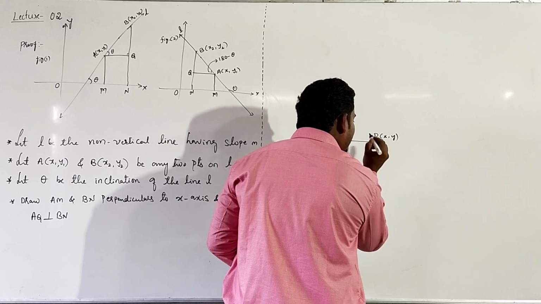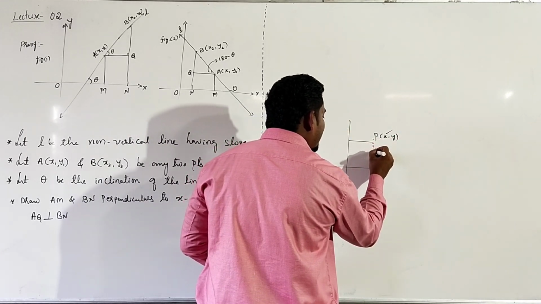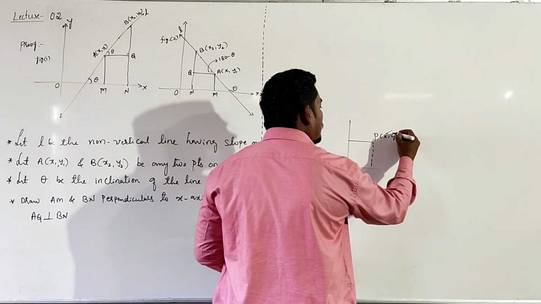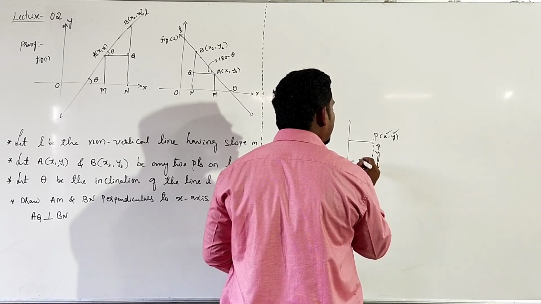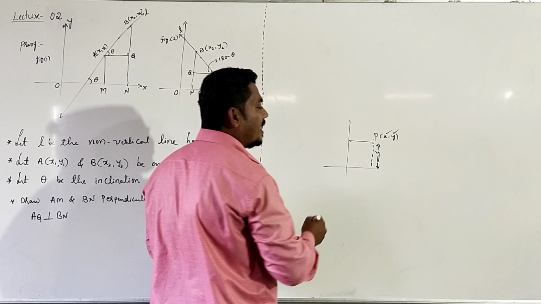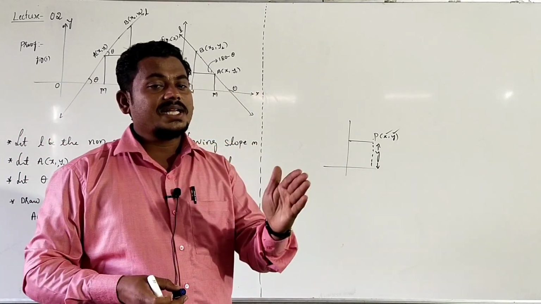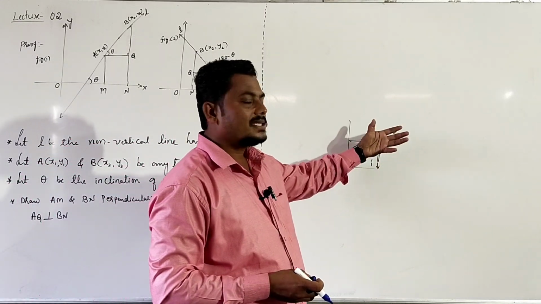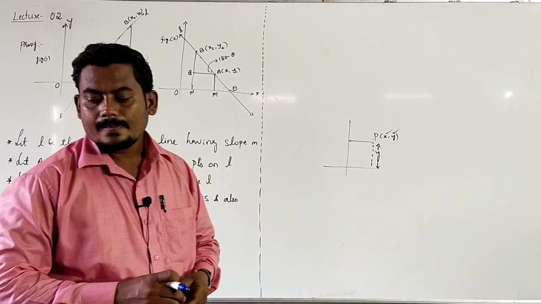Here, horizontal distance represents the x coordinate of the point, and vertical distance is nothing but the y coordinate of the point. Horizontal distance means x coordinate, vertical distance means y coordinate, right?